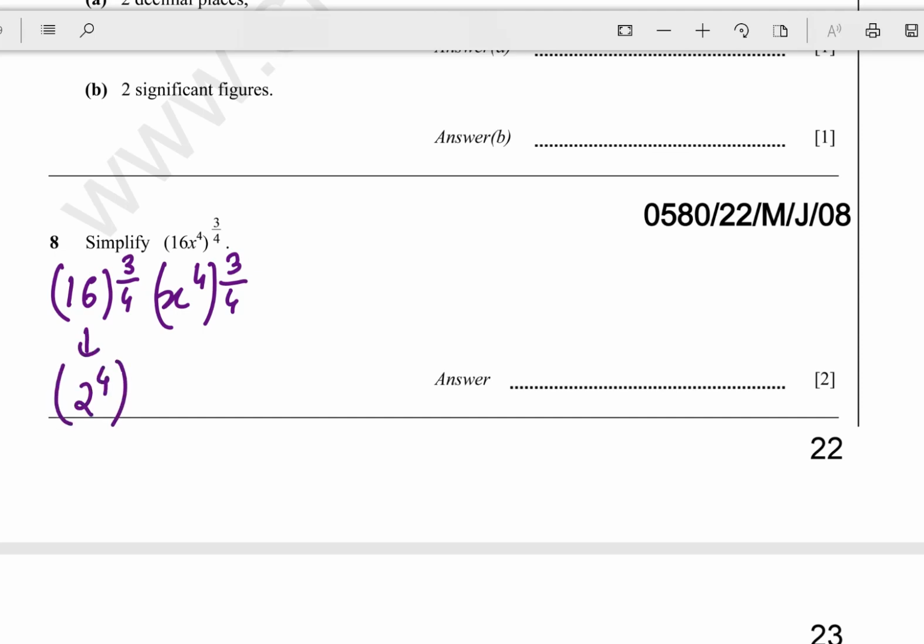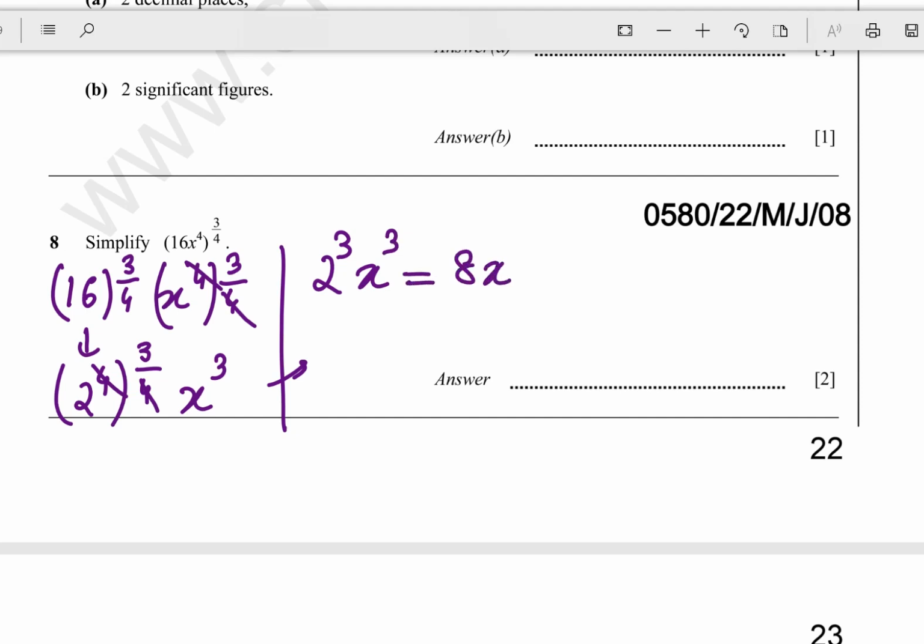I'm writing it as 2 raised to 4 and not 4 raised to 2 because my 4 will get cancelled if I write it in this way. And from here the 4 gets cancelled, so it's x raised to 3. Simplifying it further, 4 and 4 gets cancelled, so it's 2 raised to 3 into x raised to 3, which is nothing but 2 2s are 4, 4 2s are 8, 8x cube.